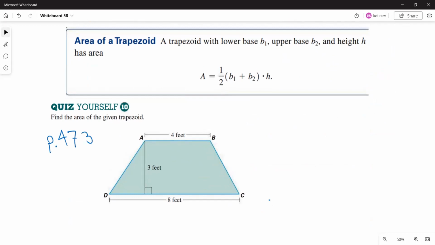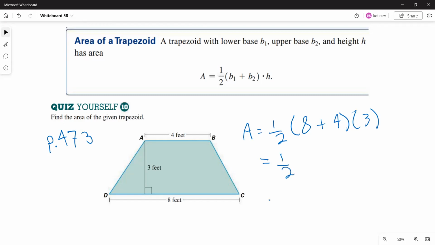So the height is 3, the lower base is 8, and the upper base is 4 feet. So the area is 1/2 times lower base plus upper base times 3. Remember, the area is always in square units. The perimeter is in the same units as the sides, and the area is always in square units.